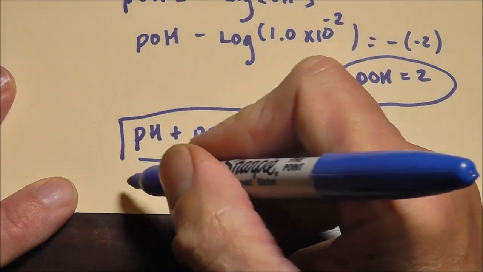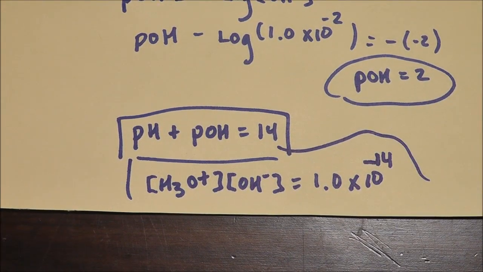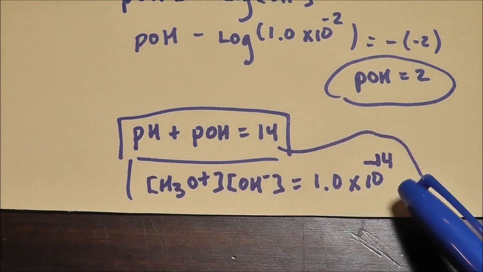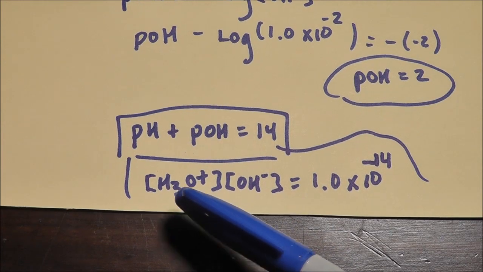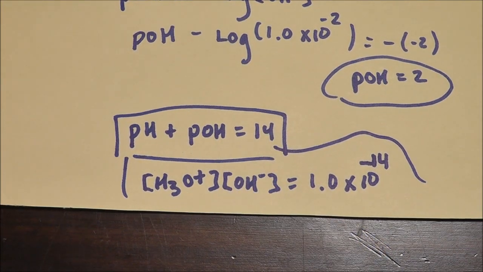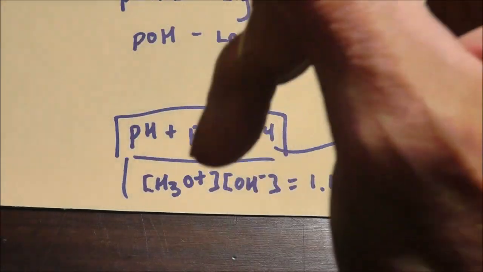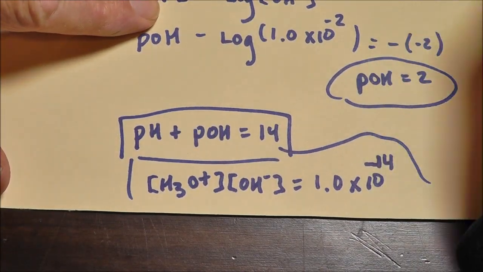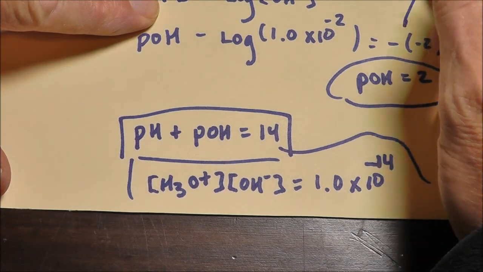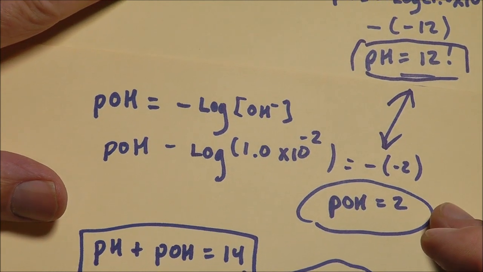If you took a negative log of each side of that equation, negative log of 1 times 10 to the minus 14 is 14. Negative log of H3O+ is pH. Negative log of OH- is pOH. And so you could see the pH and the pOH of the same solution are going to add up to 14 in this case, right?